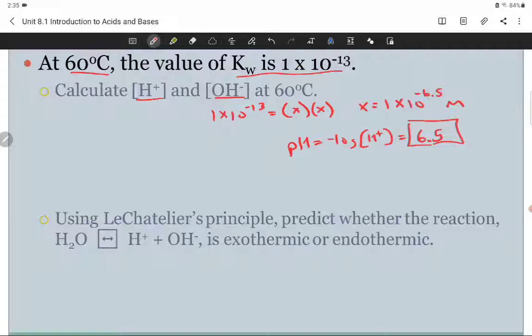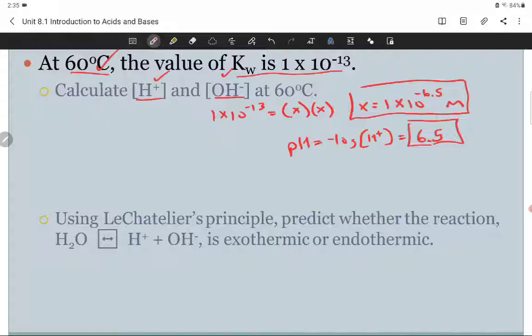So you would think, 6.5, that's below 7, it's acid. But it is not, because the hydronium and the hydroxide both equal the same value. So it's actually a neutral substance with a pH below 7. So if you change the temperature of your water, you can make it look like it's an acid or base without actually being acidic or basic.